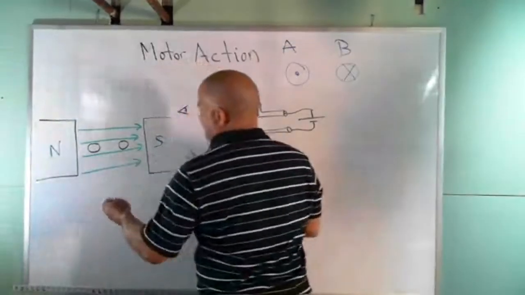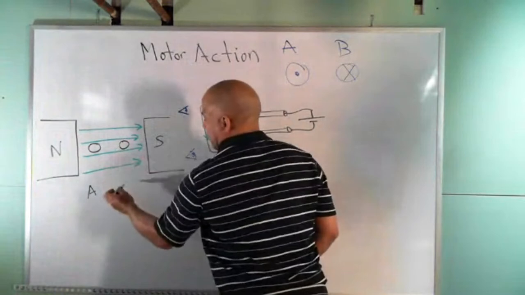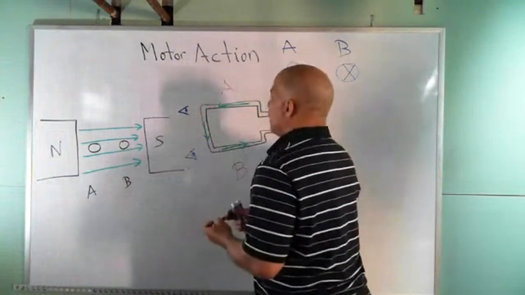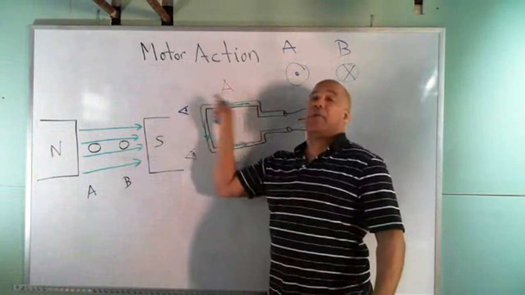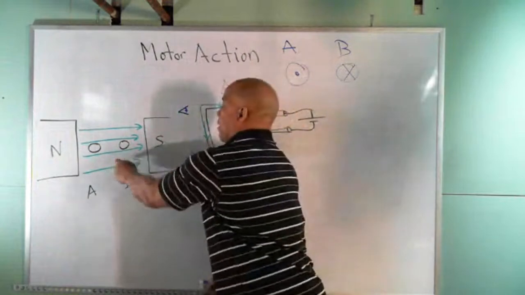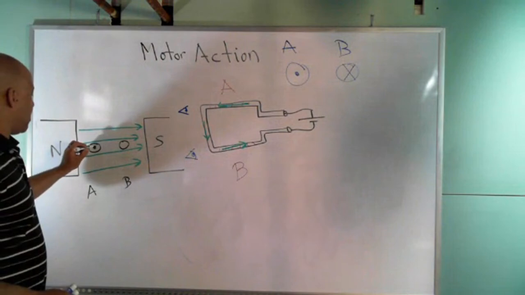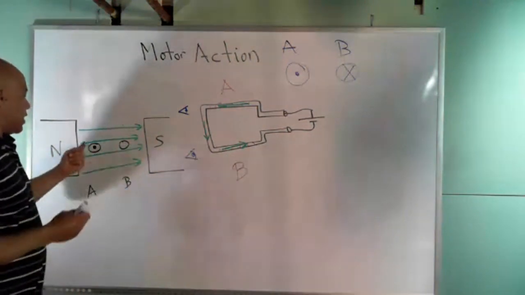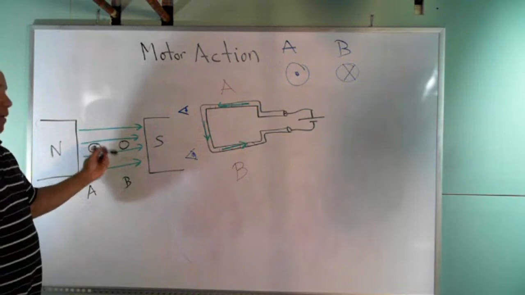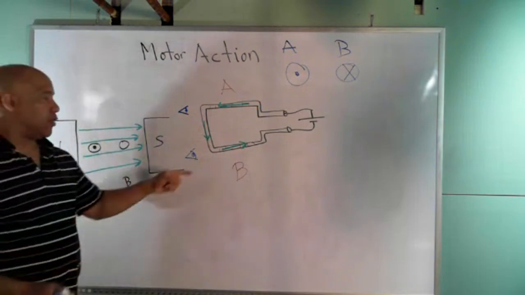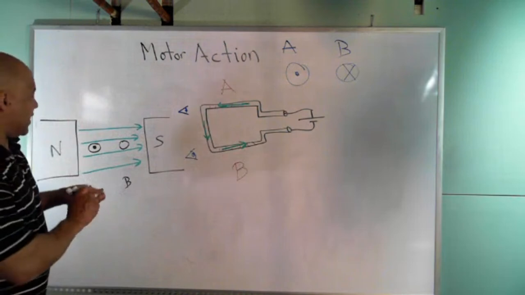And if this right here is conductor A, and this right here is conductor B, you told me that in conductor A, you see the current coming towards you. So over here in conductor A, what you would see is this. So current is going to come out of A, go through this piece, which is right there, and then go back into B. So you told me in conductor B, you see the current going away from you. So what you would see is this.